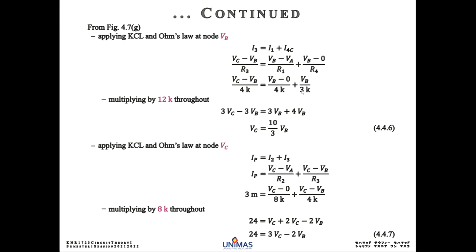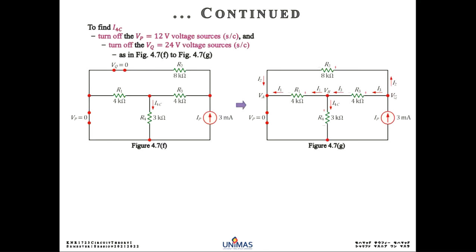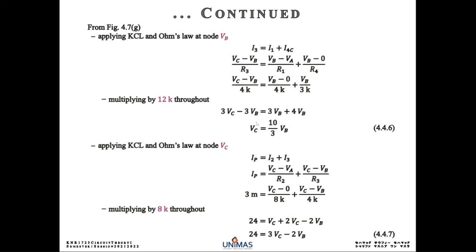So you have there an equation showing you that relationship between VC and VB. And then you apply again KCL and Ohm's law at VC. So at VC there, note that IP is equal to I2 plus I3.